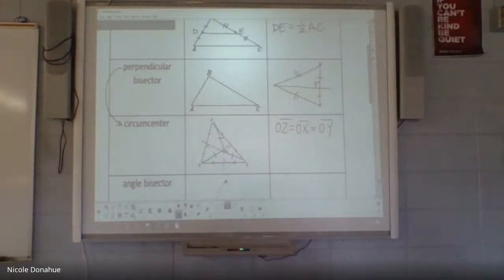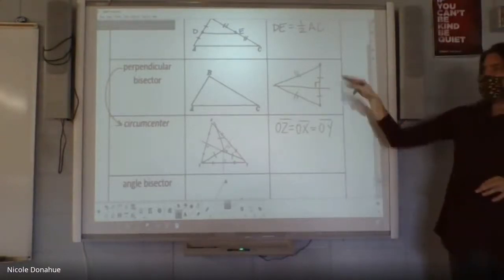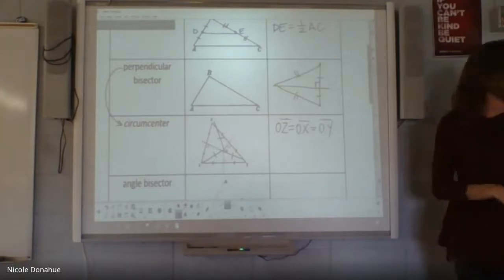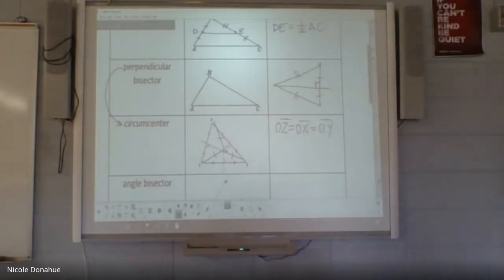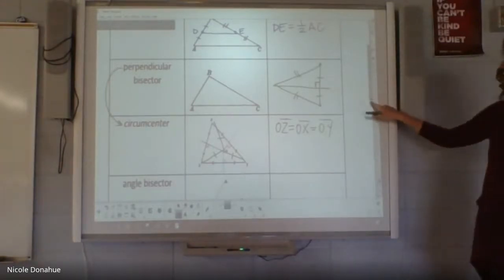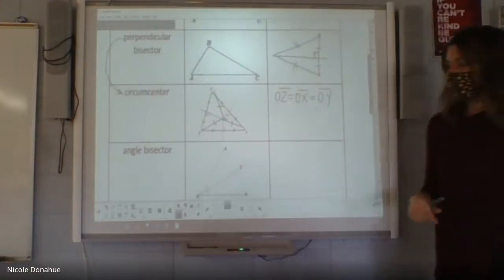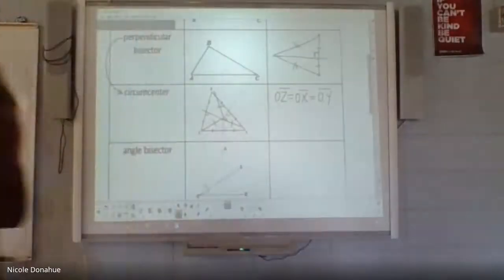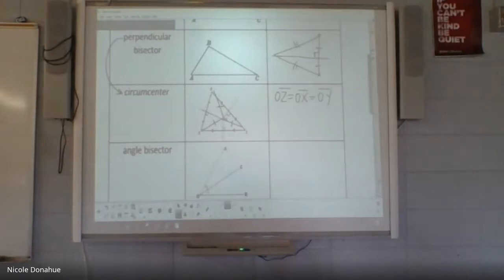The distance from the center back to all the vertices should be equal. So these two go together and we'll watch out for that. That was from yesterday.